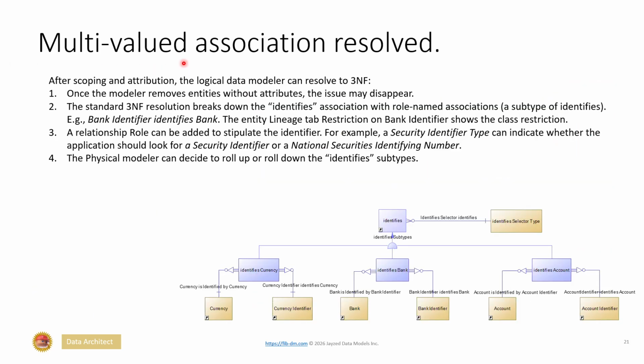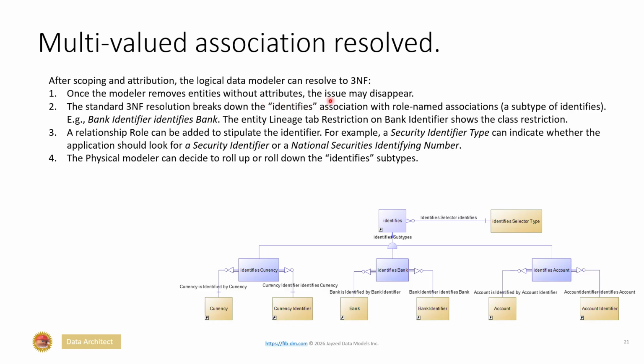Yeah, and we can resolve multi-valued associations as we move from the FIB-DM conceptual and derive a logical data model. Now the LDM rule number 1 applies. In your LDM, you attribute with data items from your source system feeds.